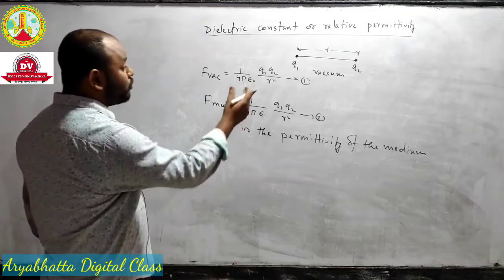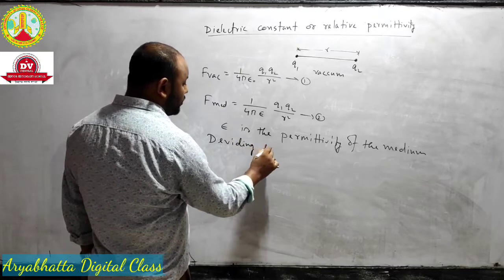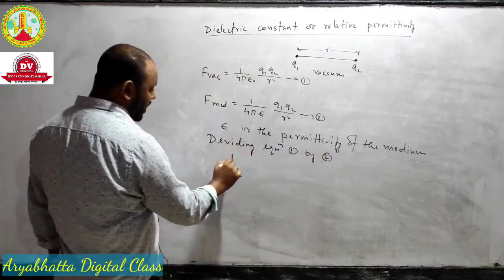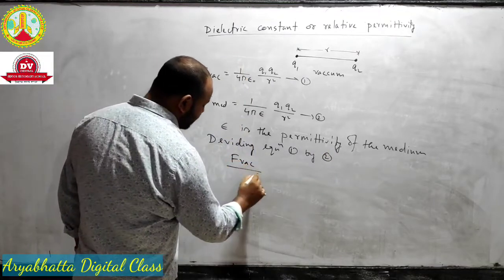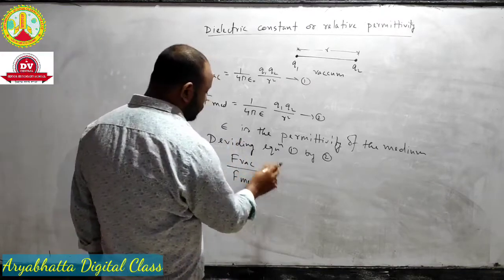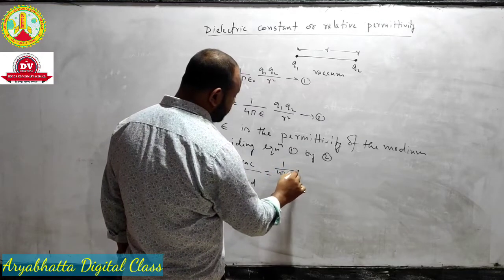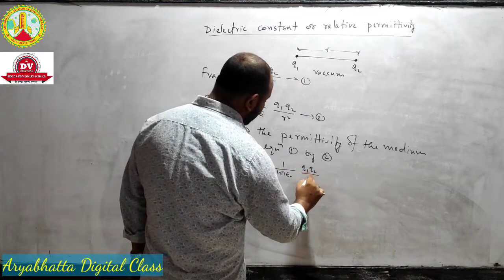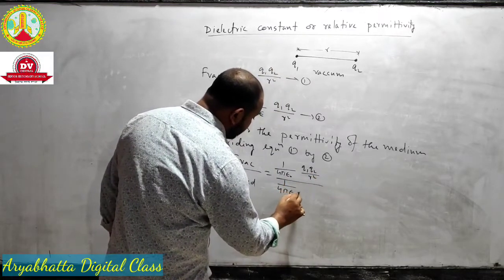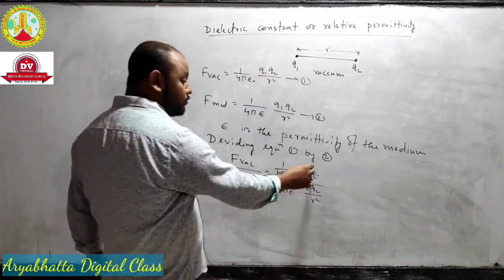Now divide equation 1 by 2. So F vacuum divided by F medium will be equal to 1 by 4 pi epsilon naught Q1 Q2 by r square divided by 1 by 4 pi epsilon Q1 Q2 by r square.